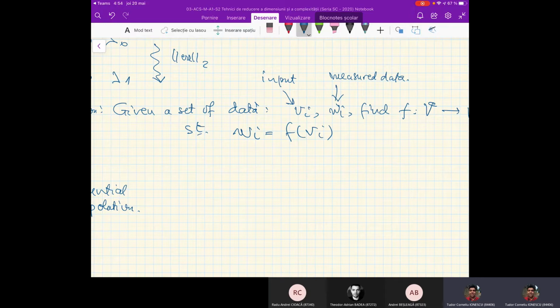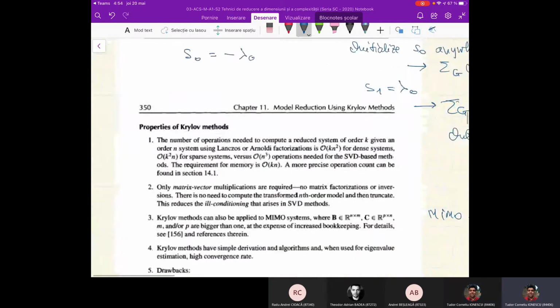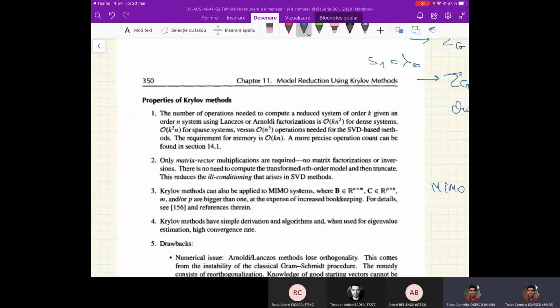Analytic data or practical measured data, okay? But we'll see that in particular, these moment matching techniques are very closely related to this notion of interpolation because they are created as the solution of some interpolation problem we specifically designed from the very beginning, okay?